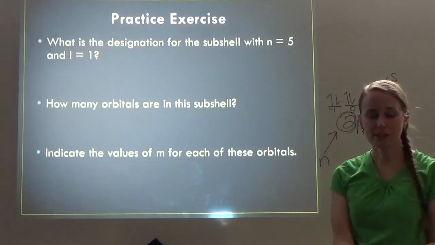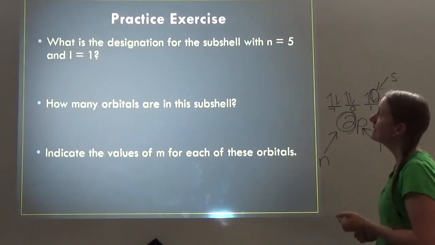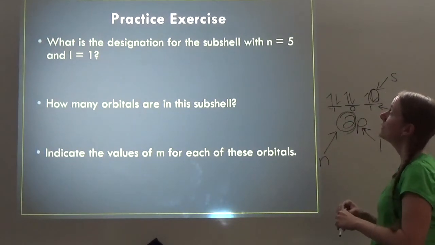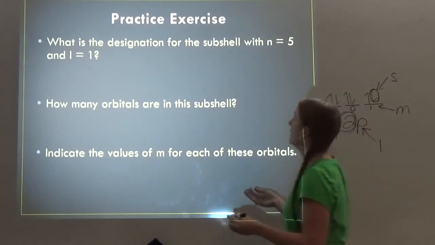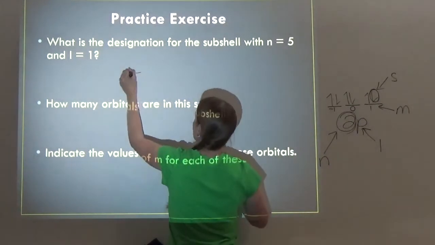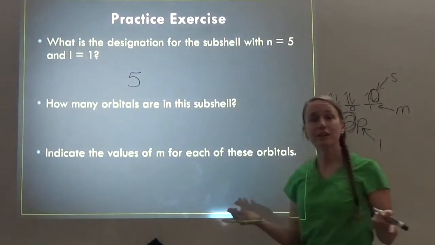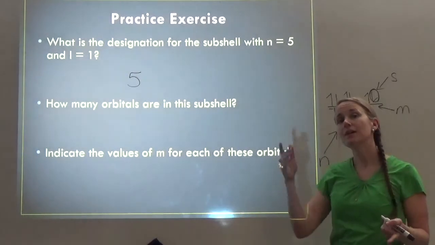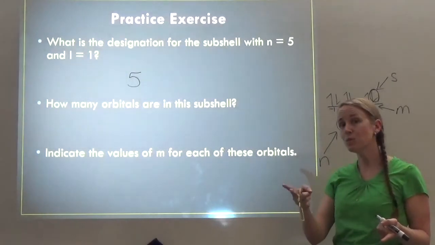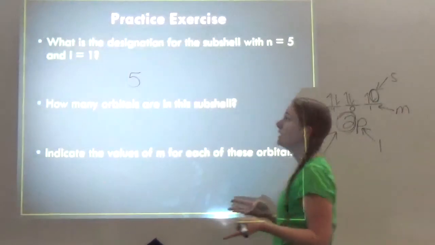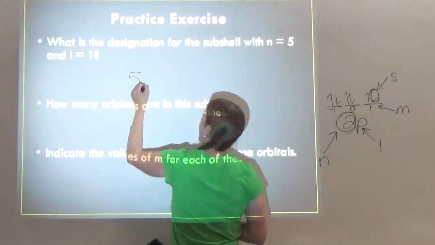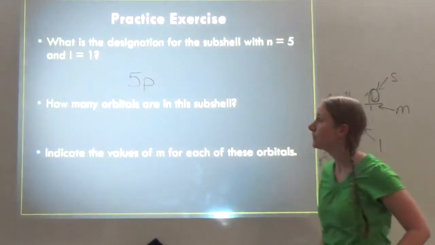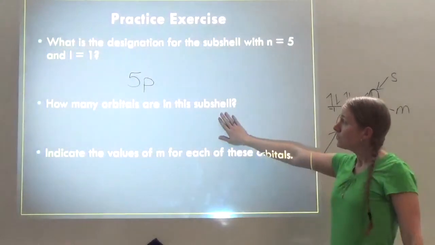All right, so the next one, it says, what is the designation for the subshell with n equals 5, l equals 1? Well, if n equals 5, I know it's going to be 5 something. If l equals 1, remember, for l, s is 0, p is 1, d is 2, f is 3. So since it said l is 1, I know that's 5p. How many orbitals are in the subshell?